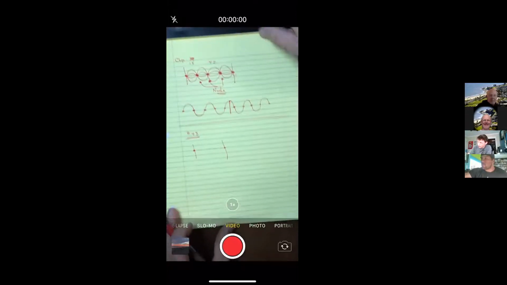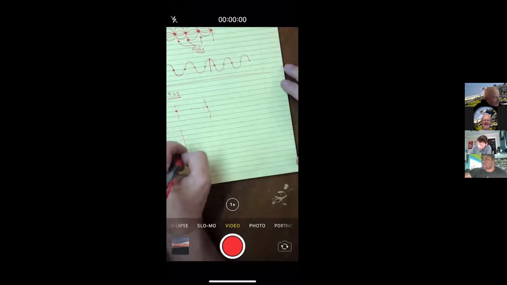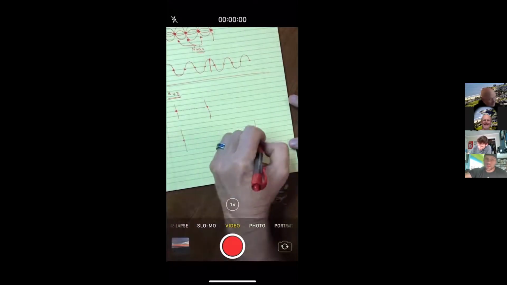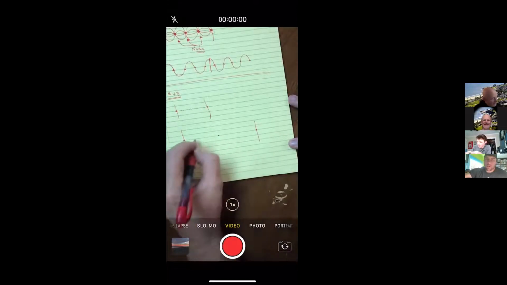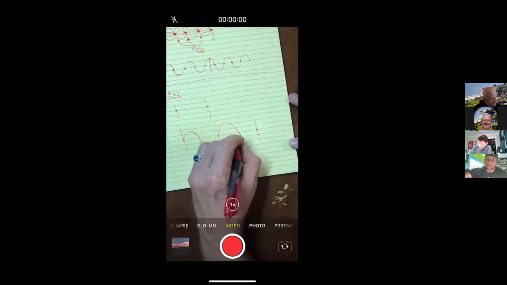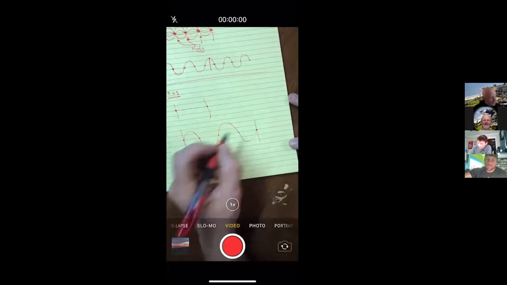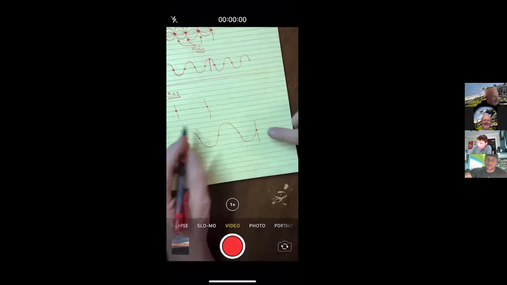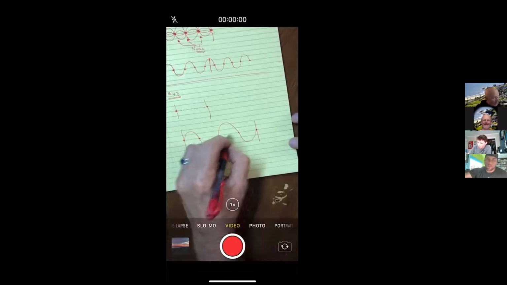I should make it bigger so you can see it better. All right, so let me draw the fourth harmonic again. The fourth harmonic would mean that there are 4 humps. And as we just talked about, there would be 3 nodes, not counting the ends, or 5 counting the ends.